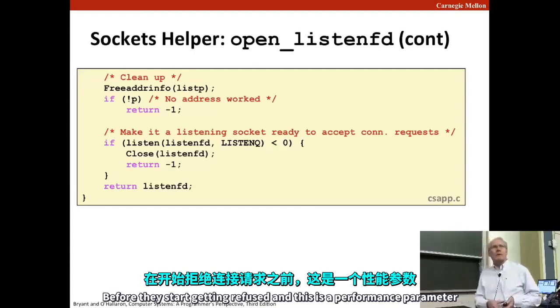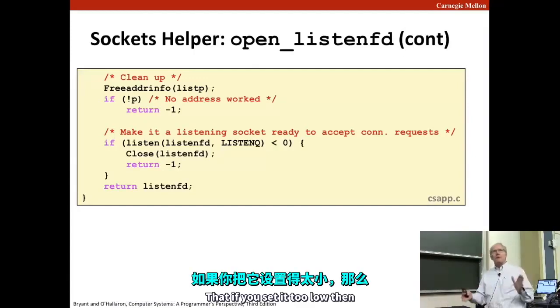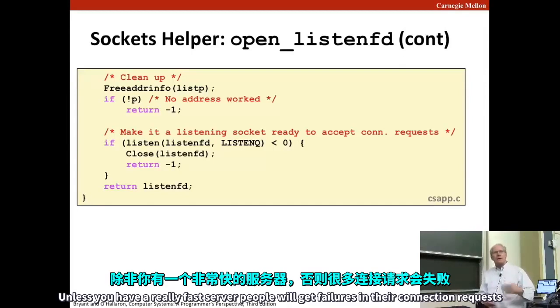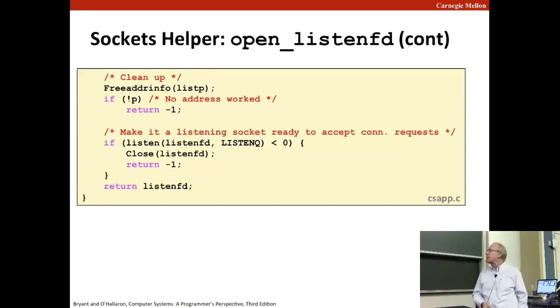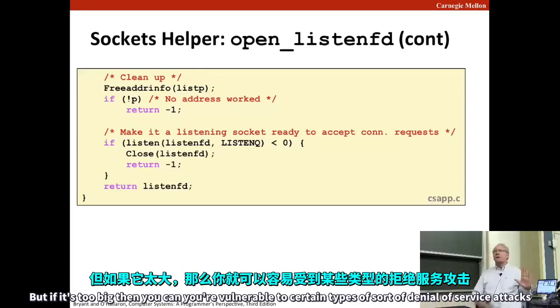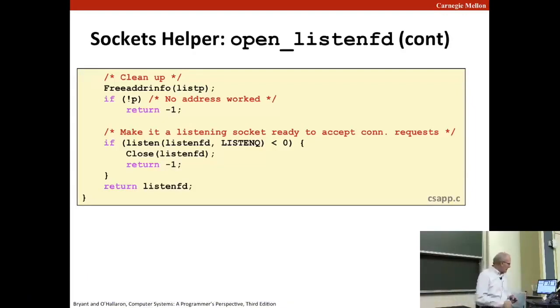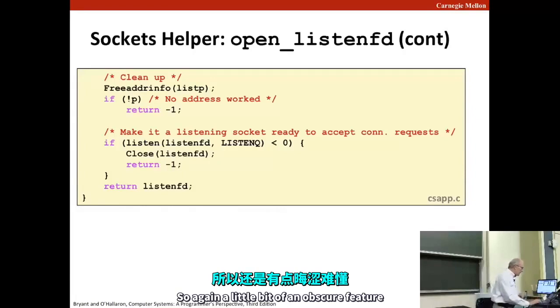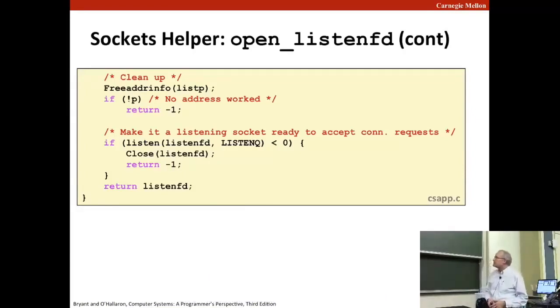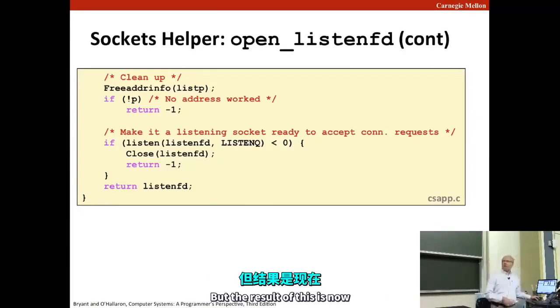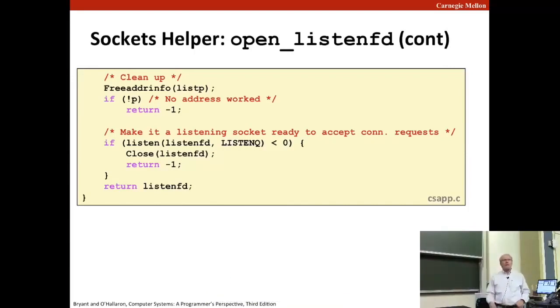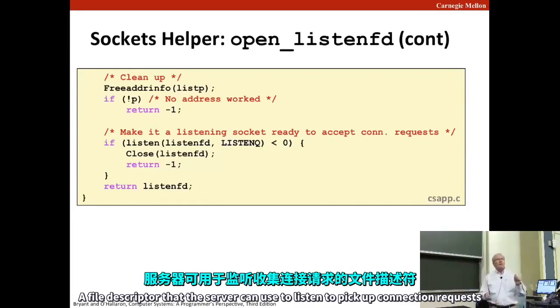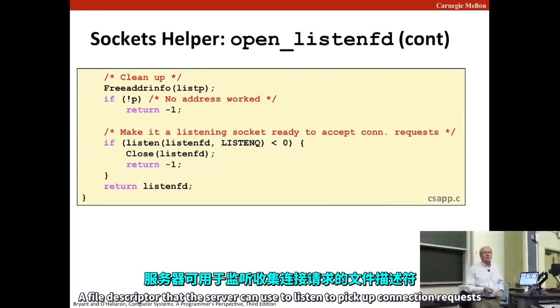This is a performance parameter: if you set it too low, then unless you have a really fast server, people will get failures in their connection requests. But if it's too big, then you're vulnerable to certain types of denial of service attacks. So again, a little bit of an obscure feature. But the result of this is now I'm returning a file descriptor that the server can use to pick up connection requests.